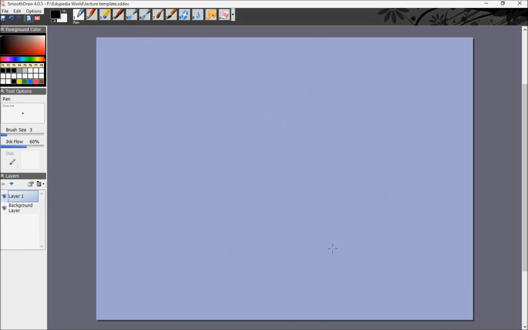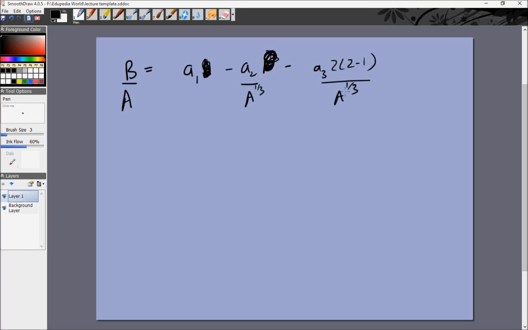So what that tells us is the binding energy should be something like A1 A minus A2 A to the power 2 by 3 minus A3 Z into (Z minus 1) by A to the power 1 by 3, which means the binding energy per nucleon, B by A, will be equal to A1 minus A2 by A to the power 1 by 3 minus A3 Z(Z minus 1) by A to the power 4 by 3.